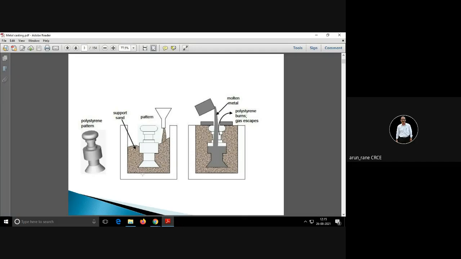This sand is poured surrounding the pattern. Now what will happen? I am not able to remove this pattern. I cannot remove this pattern because there is sand surrounding it. And there is a negative taper. This taper is negative. Had it been the opposite like this, which is a positive taper, then you could have pulled the pattern up.